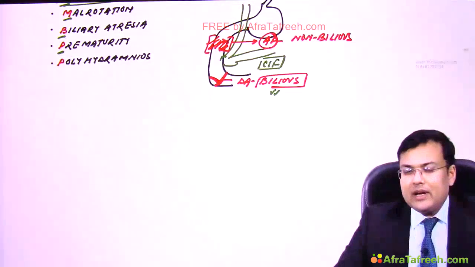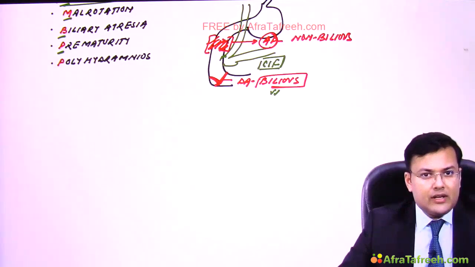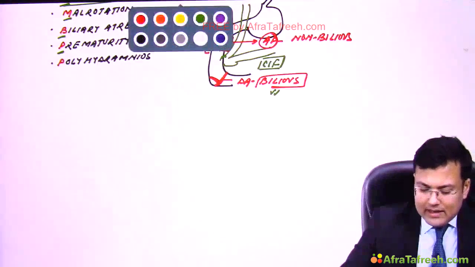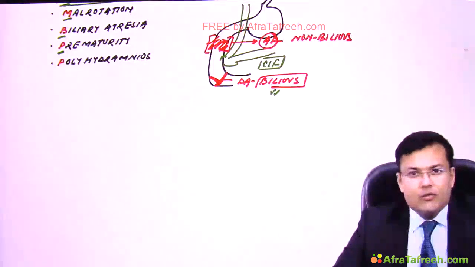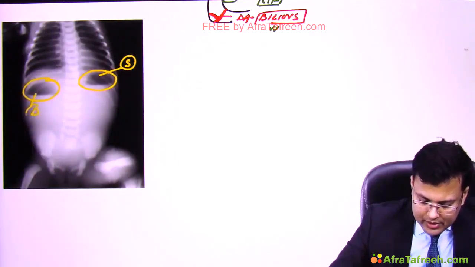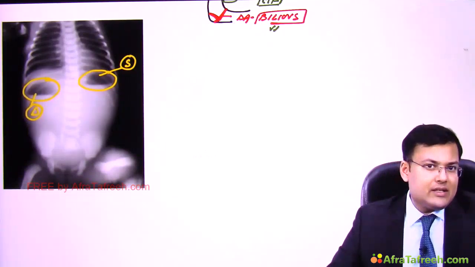In annular pancreas, we discussed the concept of single bubble, double bubble, triple bubble also. So see, in cases of annular pancreas and duodenal atresia, which sign is seen? Here we find double bubble sign on X-ray. Here you can see the X-ray of a patient having double bubble sign. This is stomach, and this is duodenum.